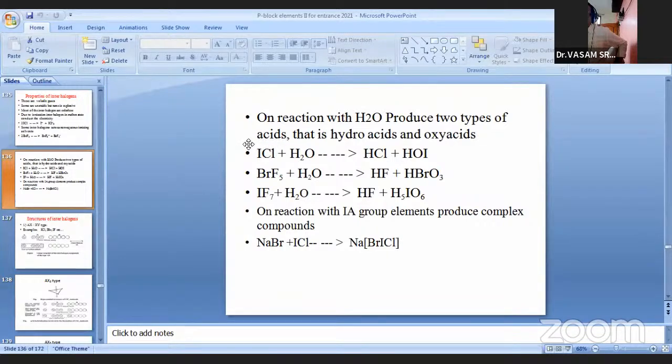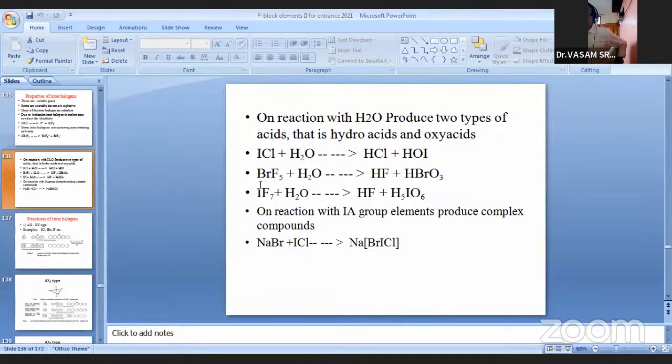So iodine is positive, +1. H2O is H+ and OH-. So the more electronegative halogen interacts with H+ to give the hydroacid. The more electronegative halogen gives a hydroacid, and the less electronegative halogen gives an oxy acid. Remember this.